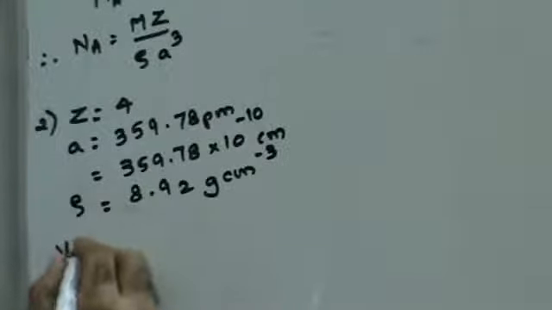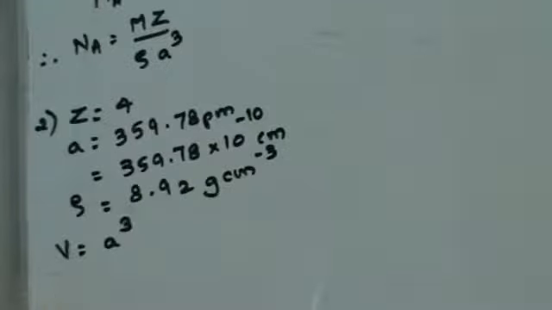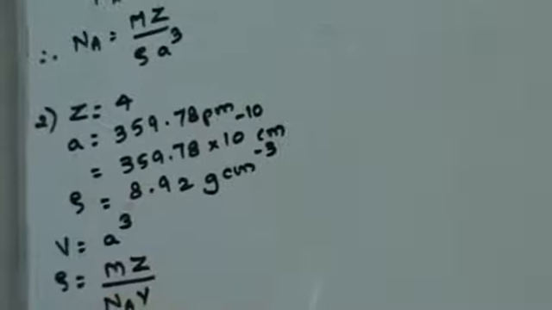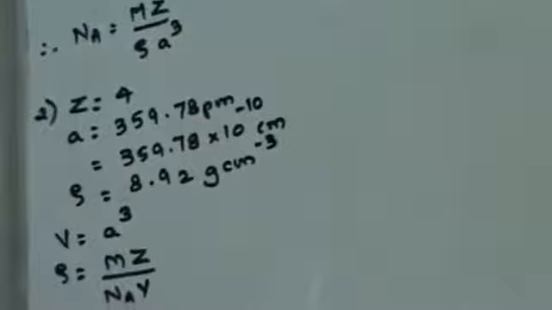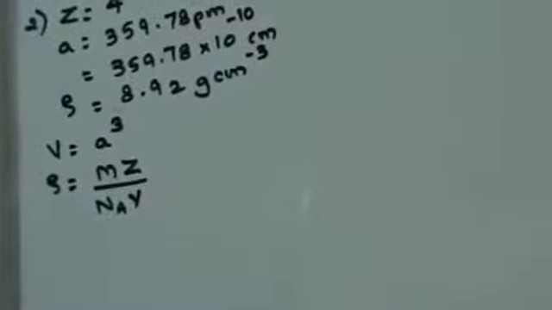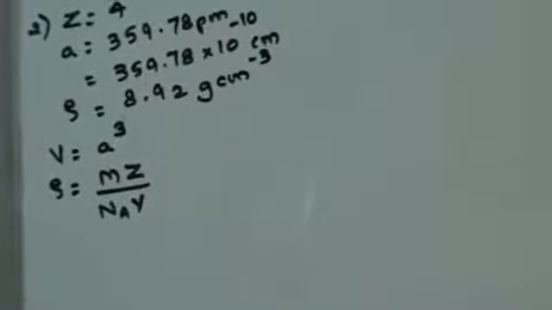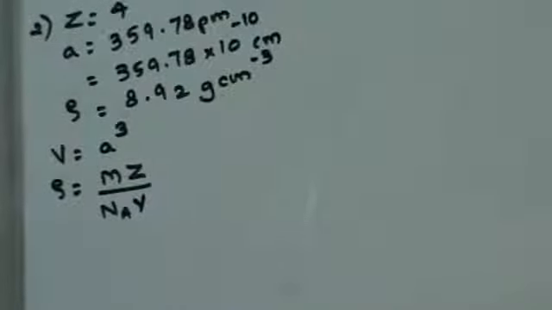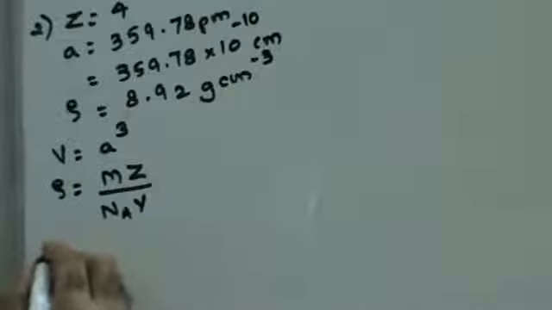I know a, so I can say V is equal to a cubed. Same formula, density is mz upon N_A V. Density is given to you, you have to find the mass of copper.